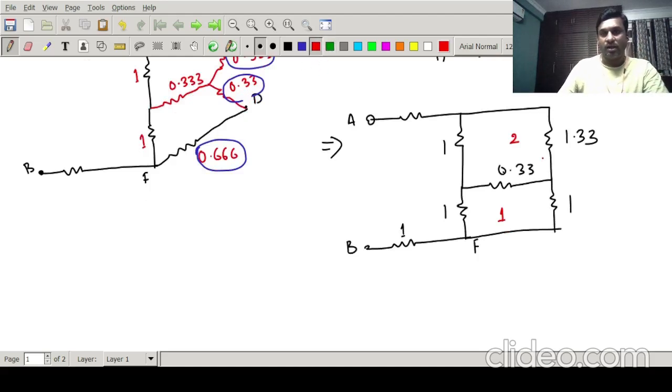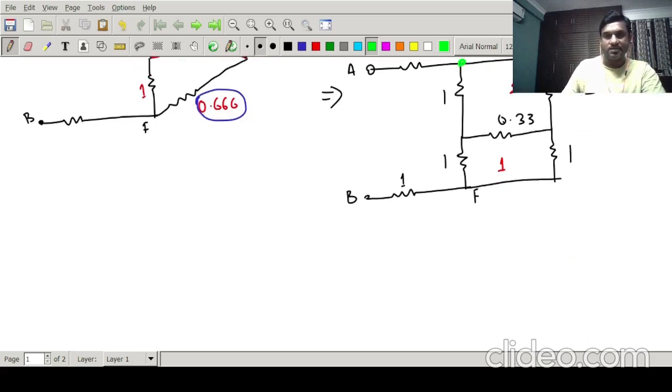So now I will break this second delta. By breaking this second delta, you can see here this node is nothing but this node. Both nodes are equal. So I can redraw the circuit again. By redrawing the circuit, I will get it like this.